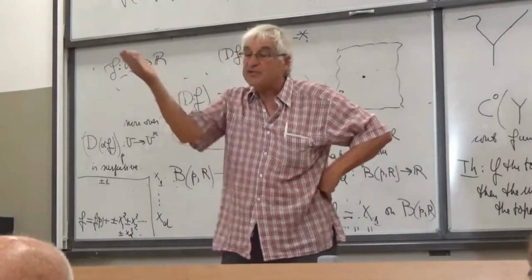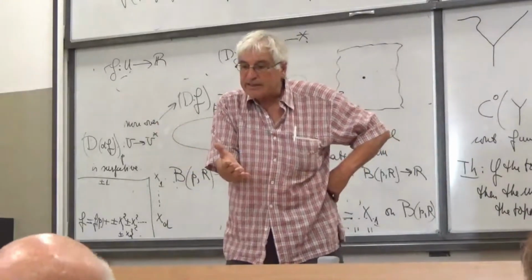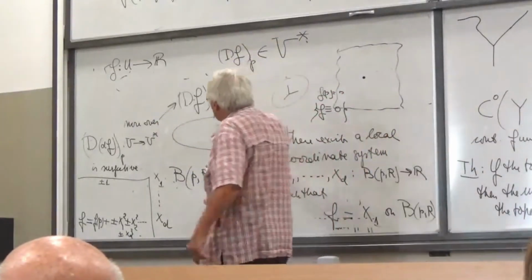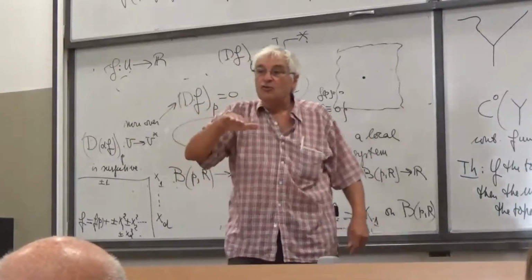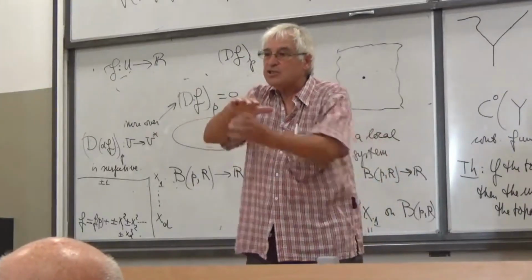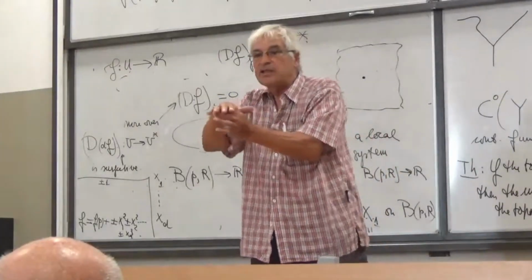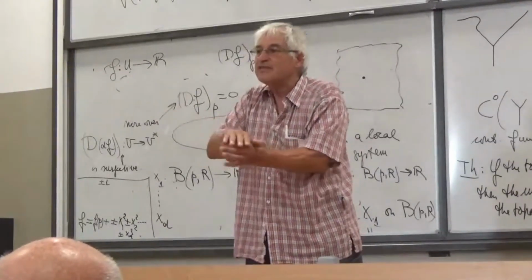Yeah. That gives the level set of this function. Okay. You wish to study the level set. If you have this hypothesis, then the level set looks locally like the level set of a linear function, which is an open set in the linear space. And that means, in fancy words, the level set is a manifold.